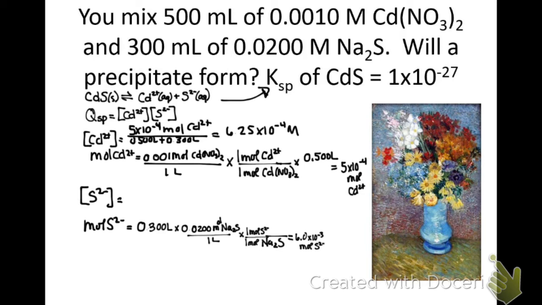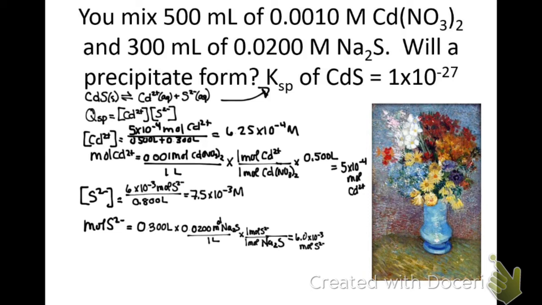And so then if we put that back into our equation over here, 6 times 10 to the minus third moles of sulfide divided by the 0.8 liters total, the mixture of the 500 and the 300, we get that the concentration is 7.5 times 10 to the minus third molar.